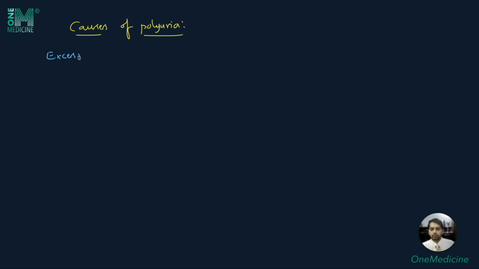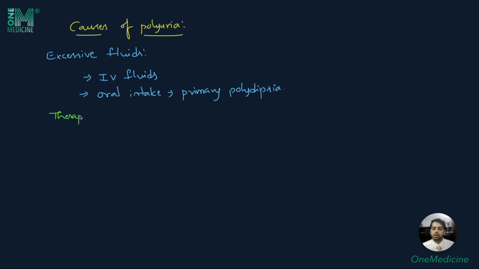Now, let's look at the causes of polyuria. Excessive fluids. This can be intravenous fluid administration, or it can be oral intake of excessive water. This is called primary polydipsia. Certain therapeutic agents, including diuretics, can cause polyuria.